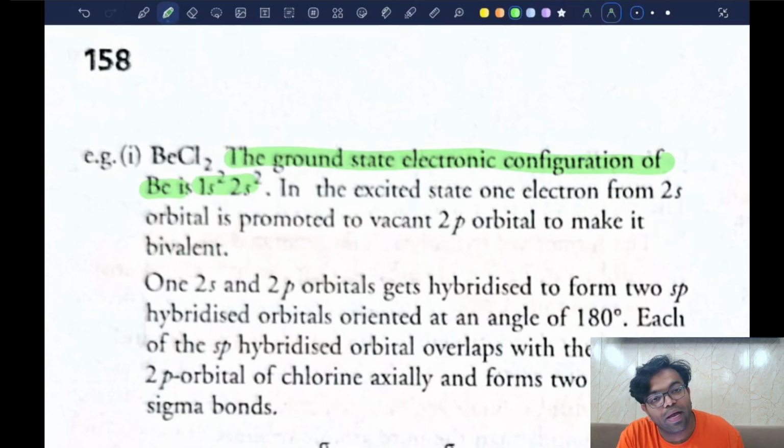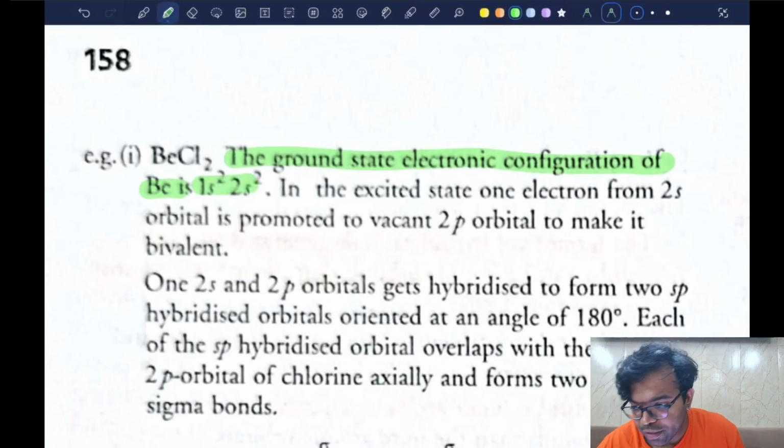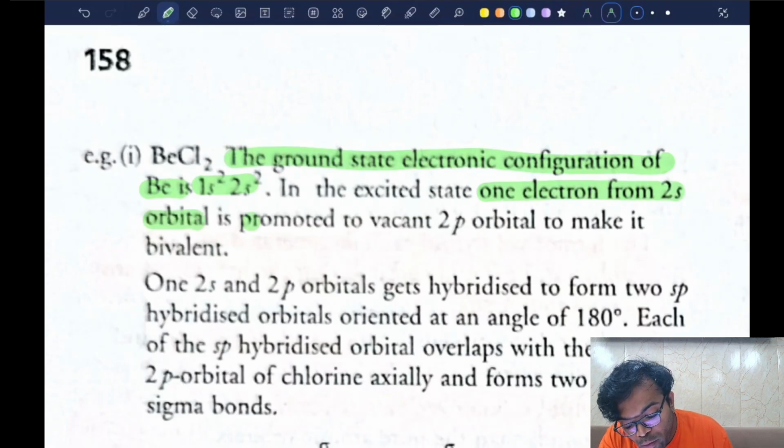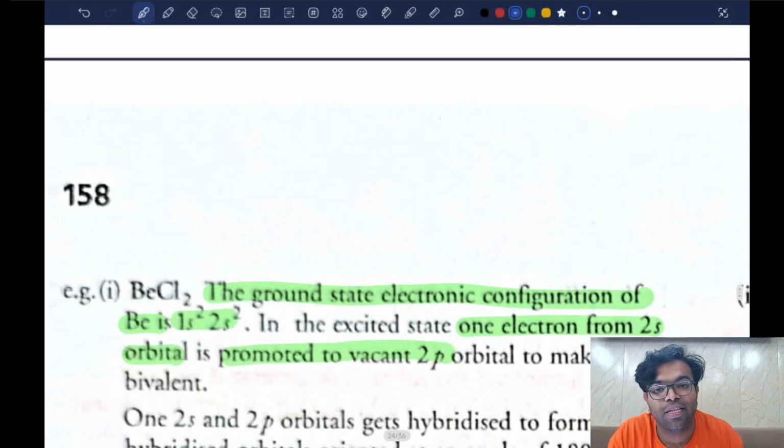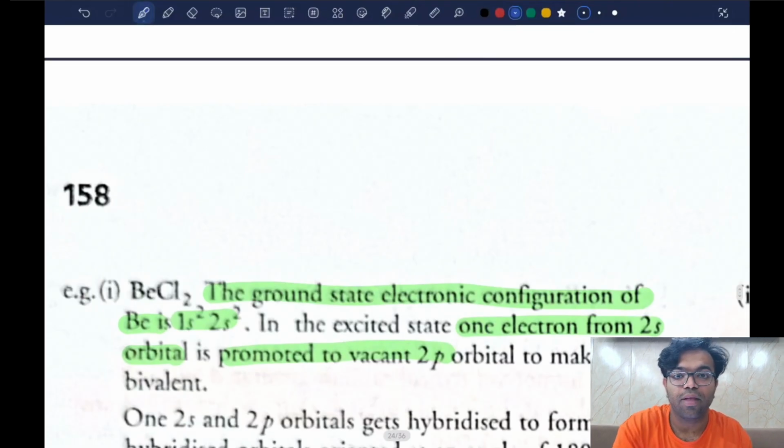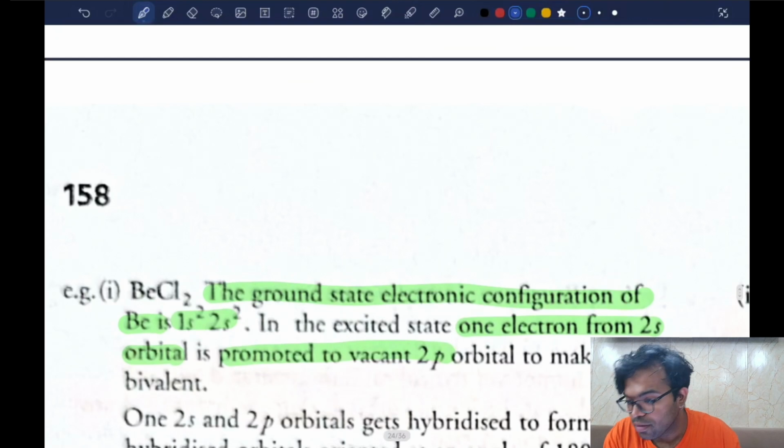In the excited state, one electron from the 2s orbital is promoted to a vacant 2p orbital. I'll show you both the ground state and the excited state configuration, and this is how you draw them.